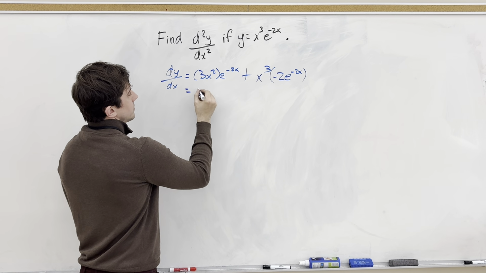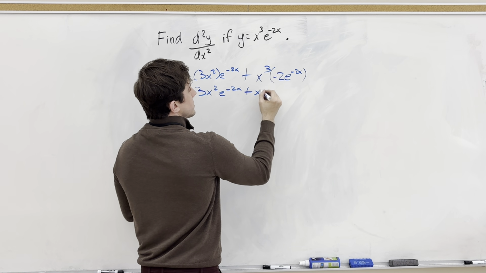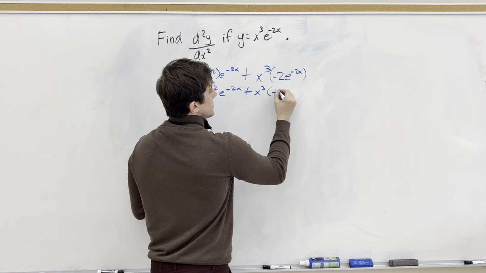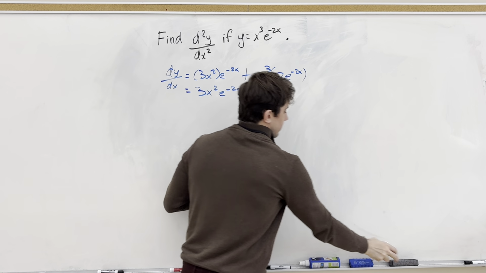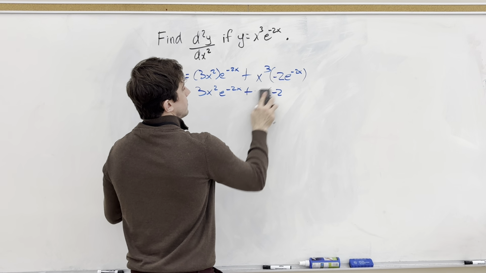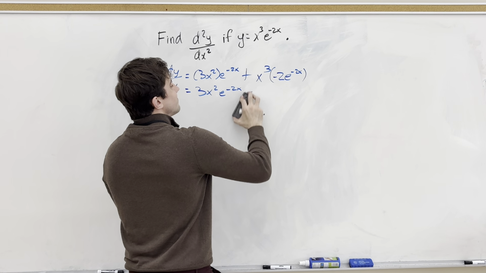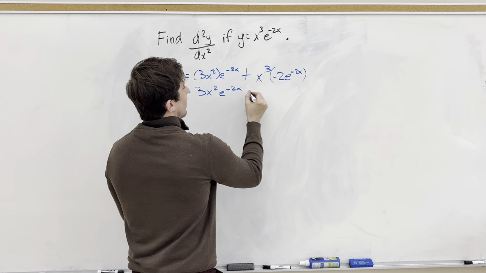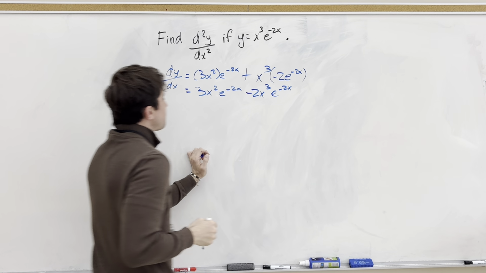So we get 3x squared e to the negative 2x plus x cubed times negative 2, or rather, that can be better simplified as minus 2x cubed e to the negative 2x.